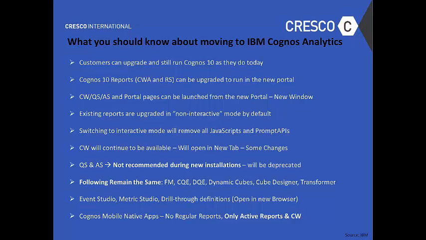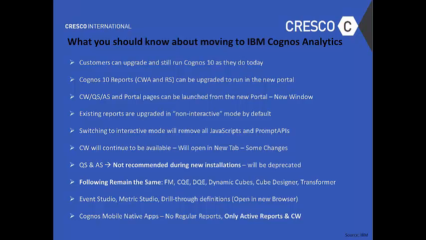One of the things that you should note is that CWA, or Cognos Workspace Advanced, and Report Studio reports can be upgraded. They will show up in a new portal when you run those reports. Cognos Workspace, Query Studio, and Analysis Studio, as well as portal pages, will now be launched in a new window.